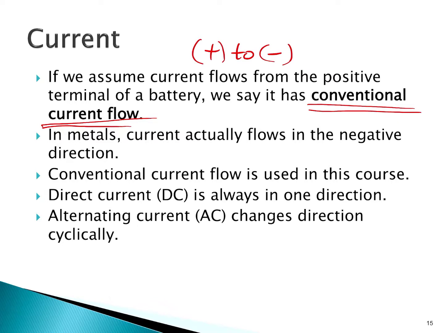And it's just simply illustrating the flow of positive charge as opposed to the flow of negative charge. And it really doesn't matter which direction you think of current to be flowing for analysis. You can think of it as the flow of positive or negative. It still has the same ability to do work. The calculations are all the same, and everything is consistent from one to the other.